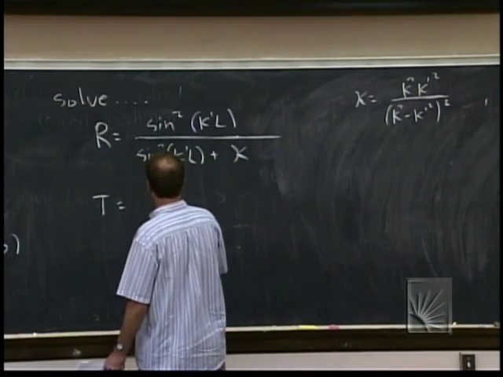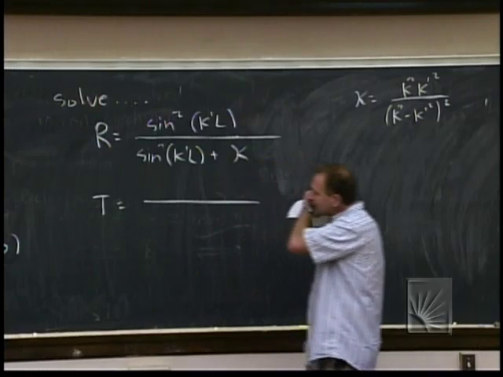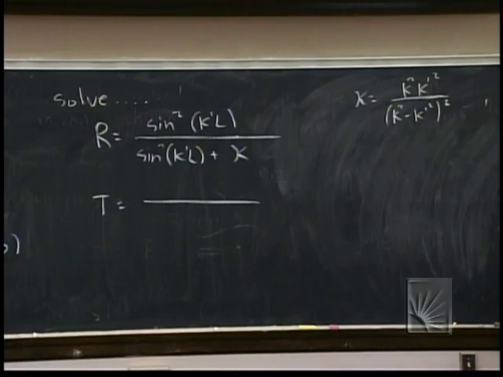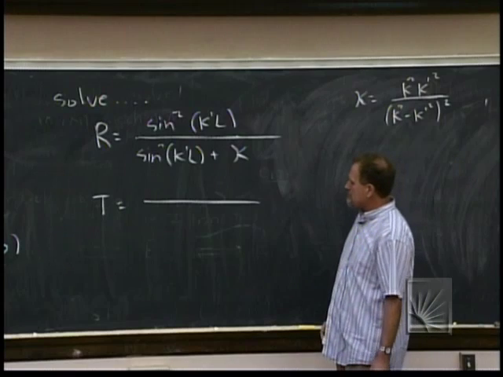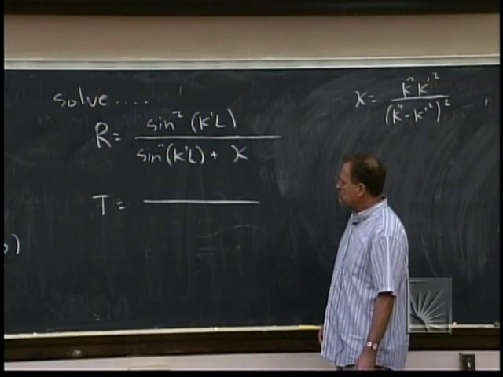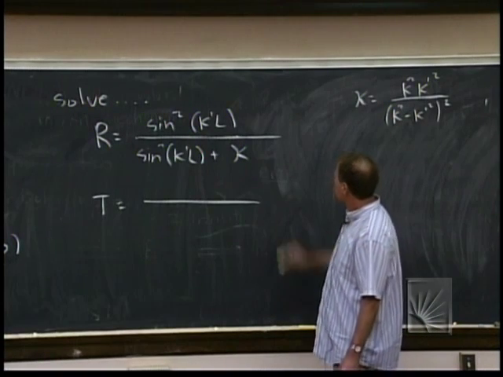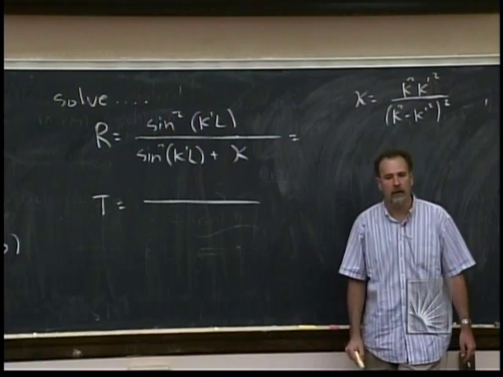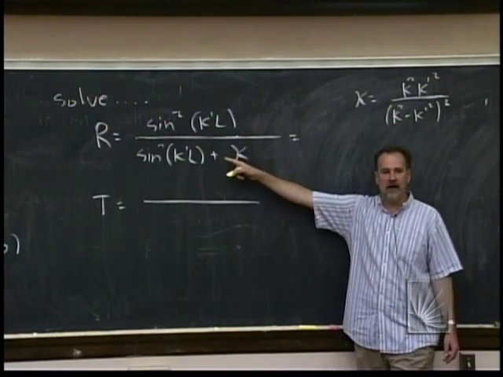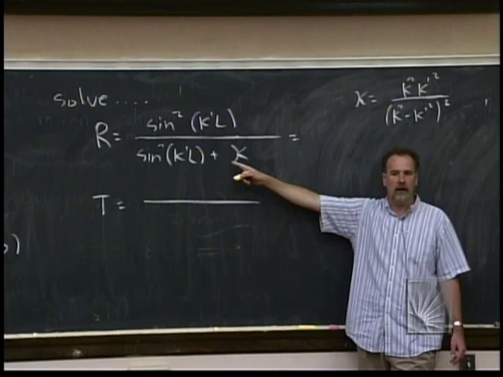And the transmission, well, do I expect that R plus T is going to be 1? Let me ask two questions about this. First off, what was R, just as a review? It is all this stuff, but what was the starting definition of R? You should be able to know this.